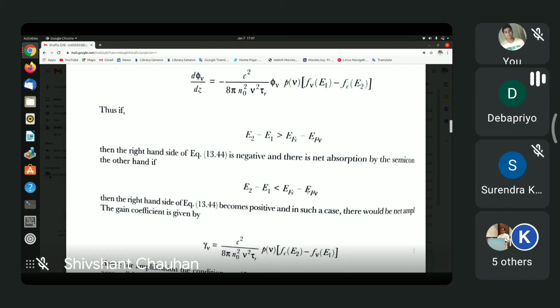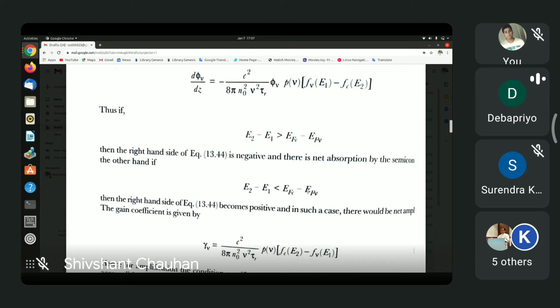So for lasing action, you require E2 minus E1 to be less than EFC minus EFV. This is the same condition as EC minus EV to be less than EFC minus EFV that we have encountered previously in another book.